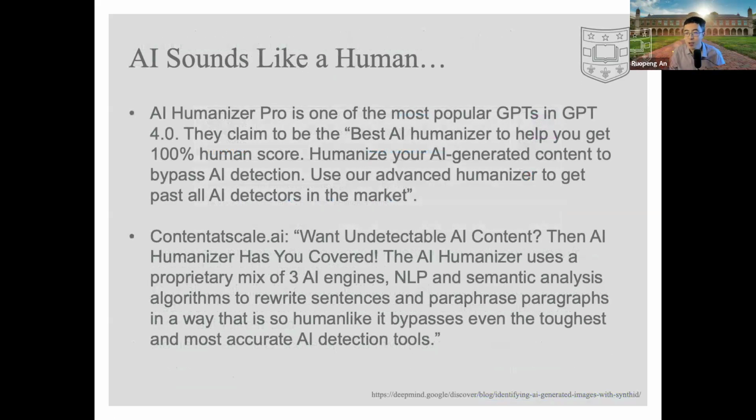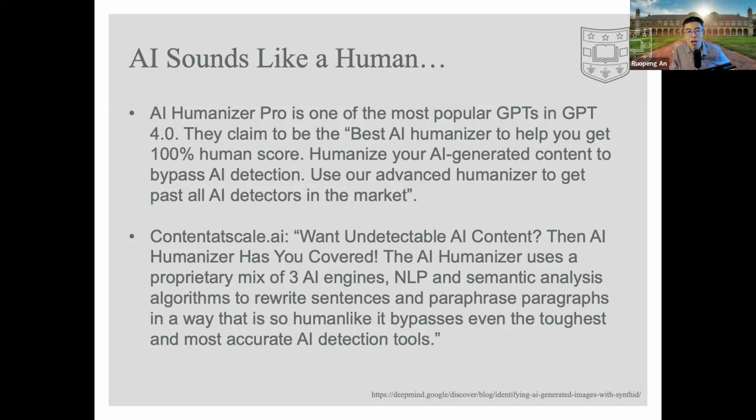And thanks to Eric, I see Eric here. He made a fantastic point that actually some of the AI tools are now available to trick the AI detection tools. Okay? If that ever makes sense, right? For example, one of the most popular customized GPTs in the GPT store is called AI Humanizer Pro. Okay?